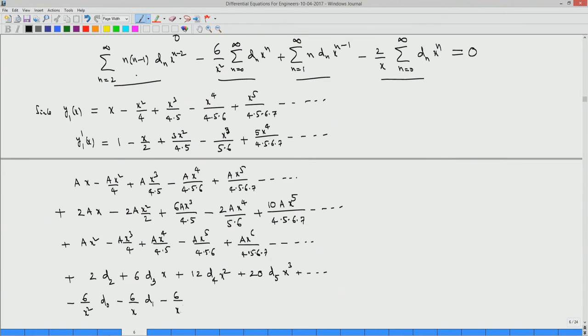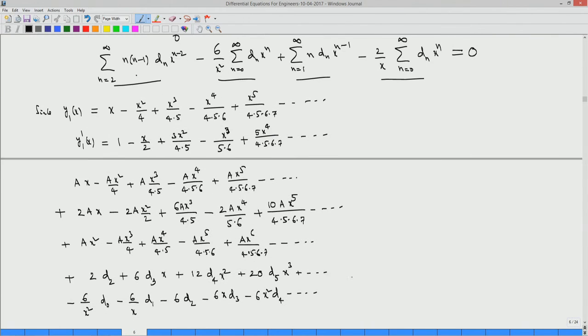Again minus 6 by x square, so you have d2 x square, and this x square will go, which will give me minus 6 d2, and then minus 6 x d3, minus 6 x square d4 and so on. Like that you get the second one.